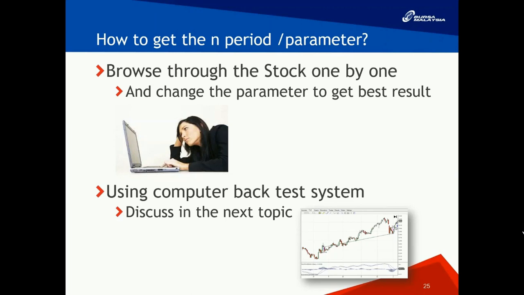But of course, if you have 1,000 stocks, you will have a problem finding the correct period. The second way is better, which is to use a computer backtest system. We'll discuss in the next topic how to look for a trading signal using a computer backtest system.